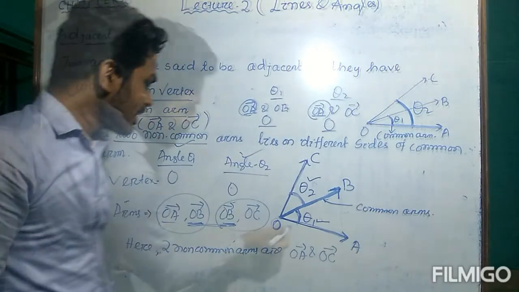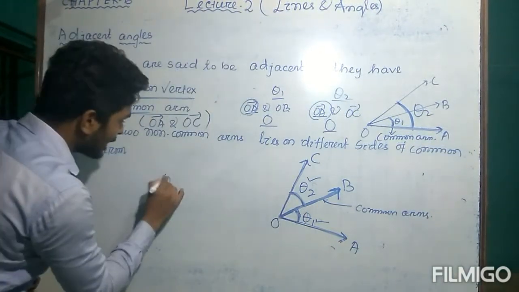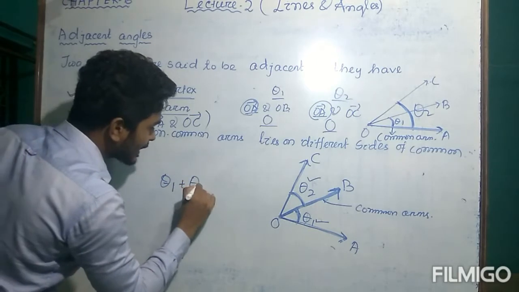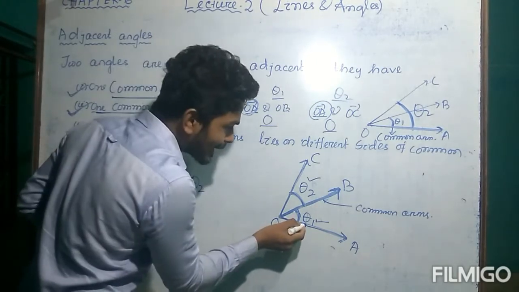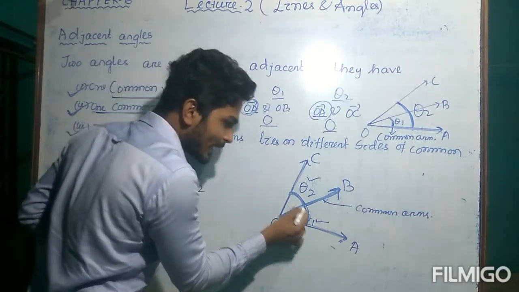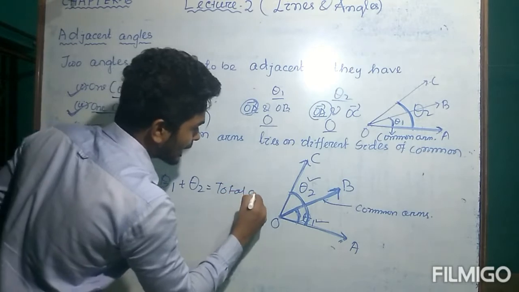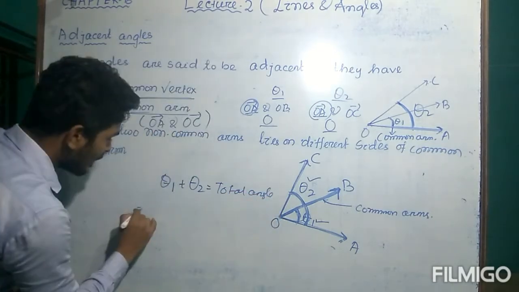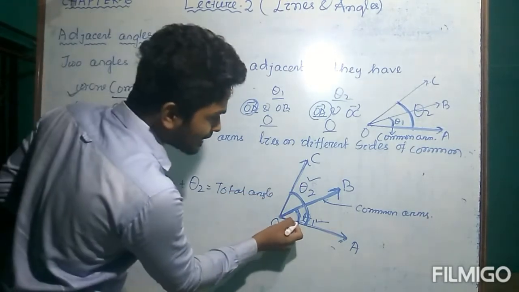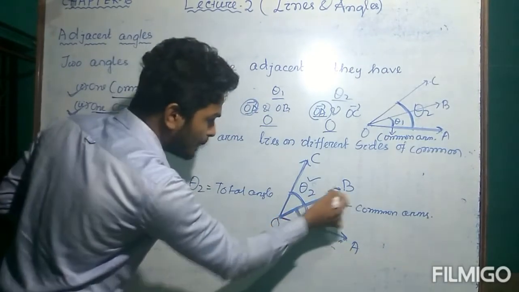So if we add these two angles, theta 1 plus theta 2, what do we get? We get the total angle. When theta 1 is added with theta 2, we will get the total angle. So what is the name of the theta 1 angle? This angle can be represented by AOB.